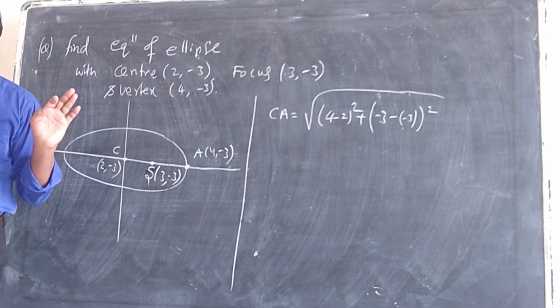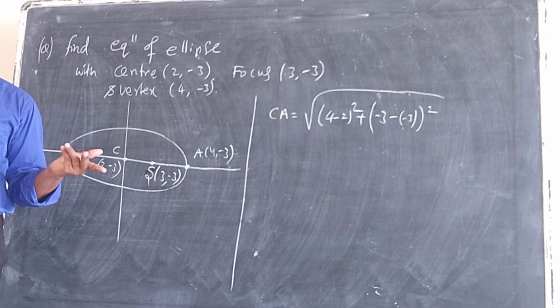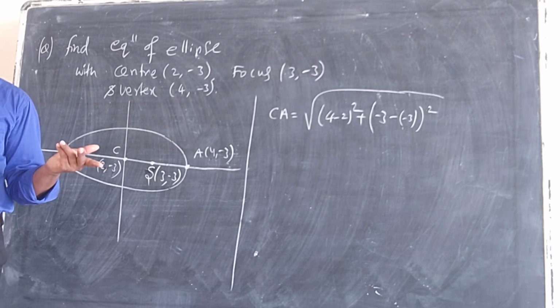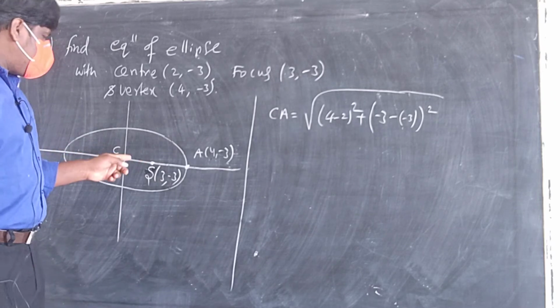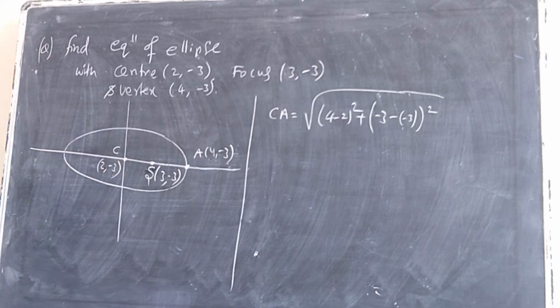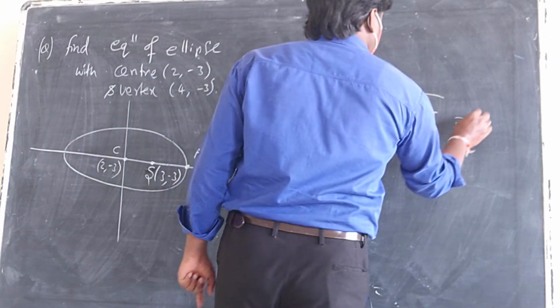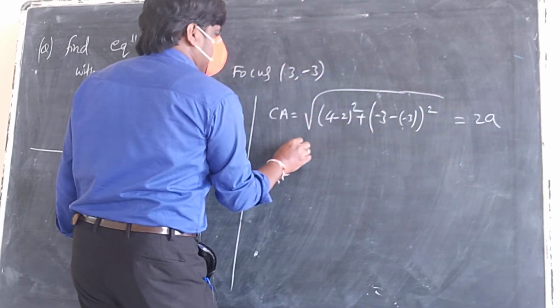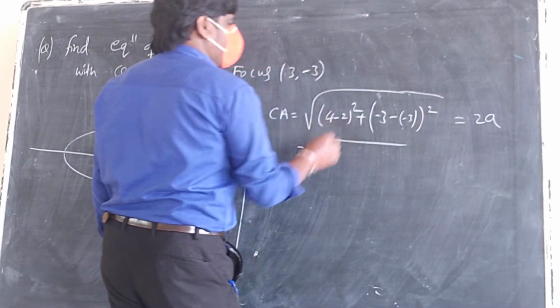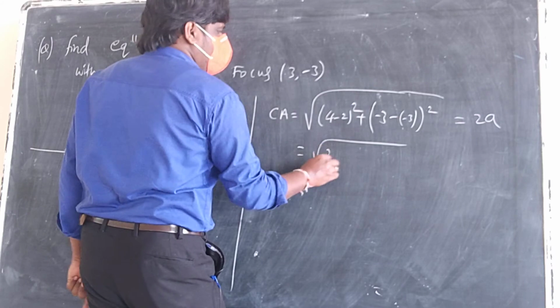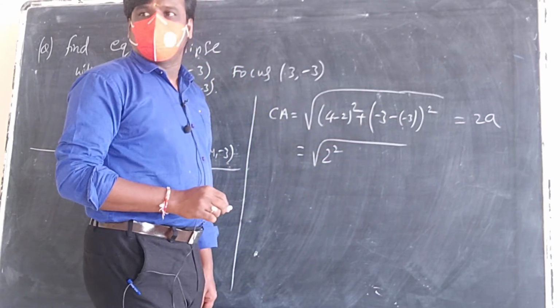What is the length of major axis? 2a. Length of major axis is how much? 2a. So I can use the distance formula here, (4 minus 2) whole square plus (-3 minus -3) whole square. So what am I going to get, this is 2a, correct? It means this length is how much here? Under root of 4 minus 2, that is 2 square, and minus into minus plus 0.